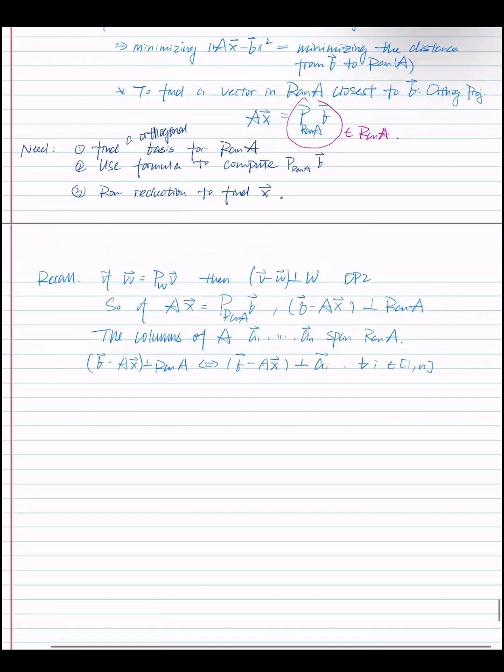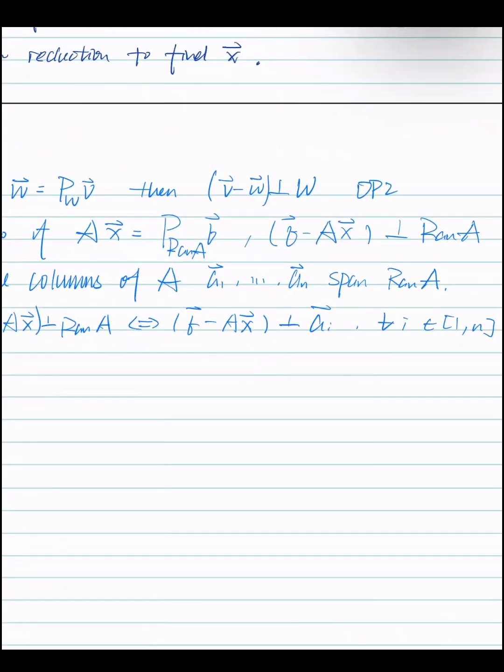Now, orthogonality means that we can write it as an inner product equal to 0: the inner product of B minus AX with Ai equals 0.